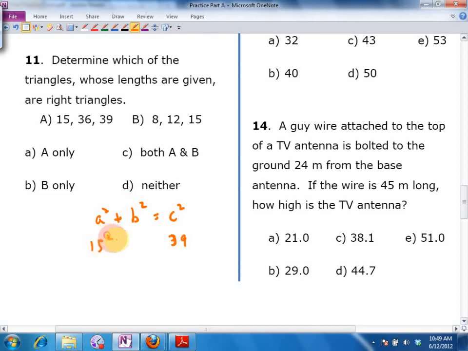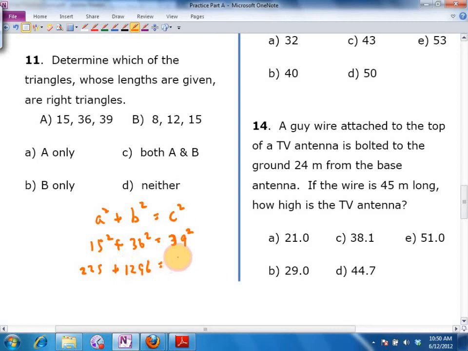I'll put 15 squared plus 36 squared. And what I'm going to do here is square them and see if the left side equals the right side. And if it does, so I square them, add them together on the left side. What do I get? What, 225? What'd you get for 36 squared? That's right. Okay, and 39 squared.